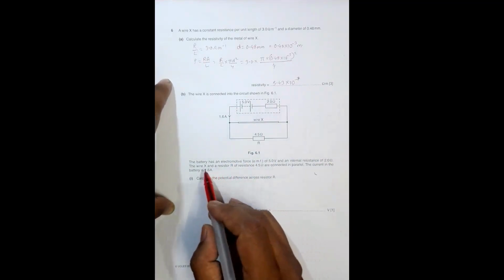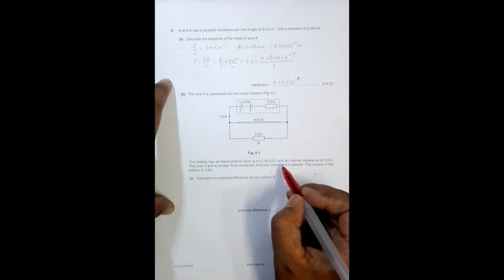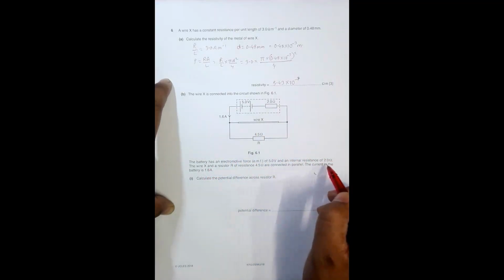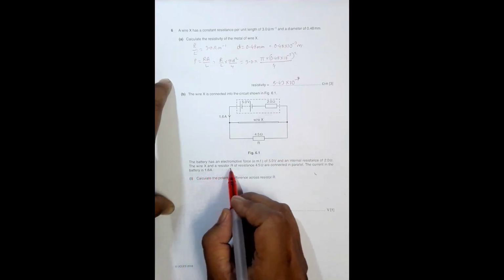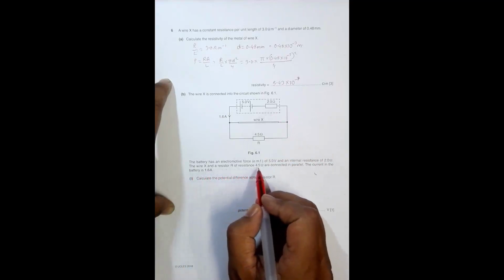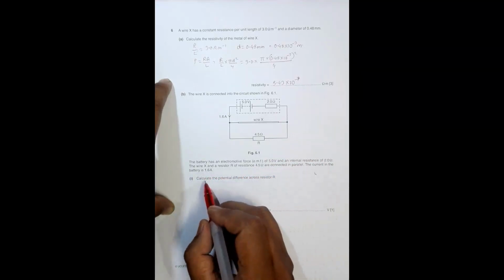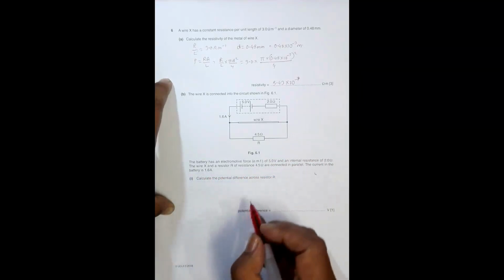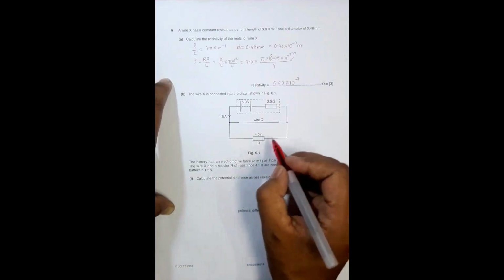It says that the battery has an electromotive force of 5.0 volt shown here, and an internal resistance of 2.0 ohm like this. The wire X and the resistor R of resistance 4.5 ohm are connected in parallel. The current in the battery is 1.6 ampere. So we have to find the potential difference across resistor R.